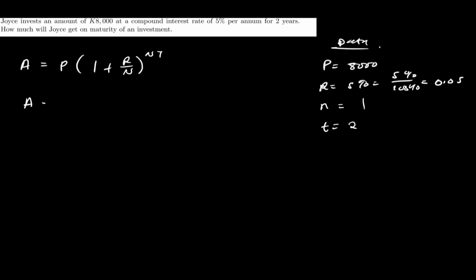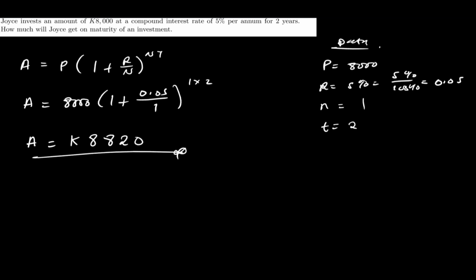So this implies that we have the principal amount 8,000, then (1 plus the rate, which is 0.05, over 1) to the power 1 times 2. Then if we plug and chug this, we expect to get an amount of 8,820 kwacha as the value that Joyce will get on the maturity of an investment.